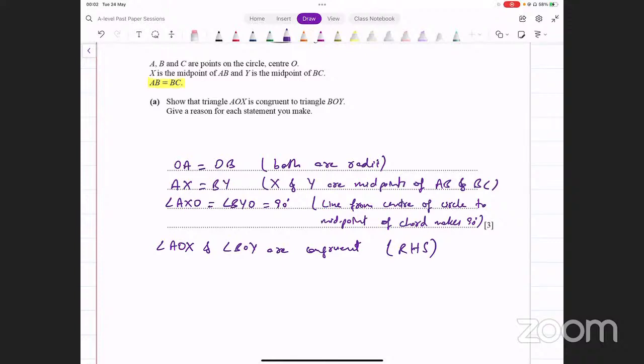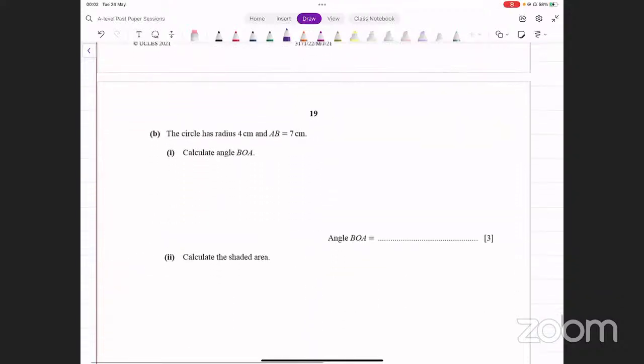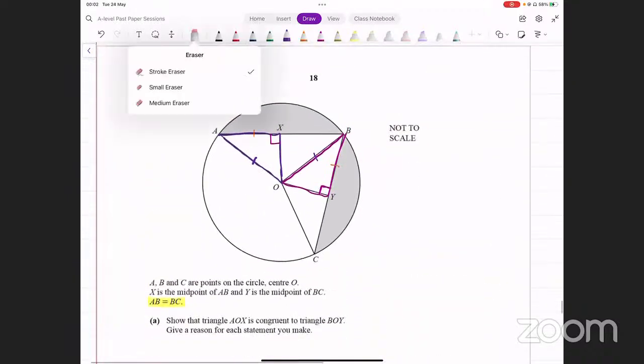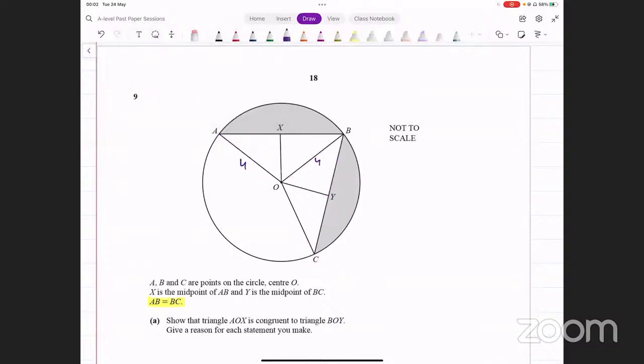Okay, let's move on. Now part B says the circle has radius 4 centimeters and AB is 7 centimeters. Calculate the angle BOA. Okay, radius 4 है, AB 7 है. Radius is 4, so that means OA is 4, OB is 4.